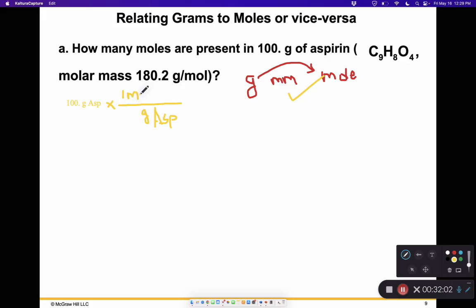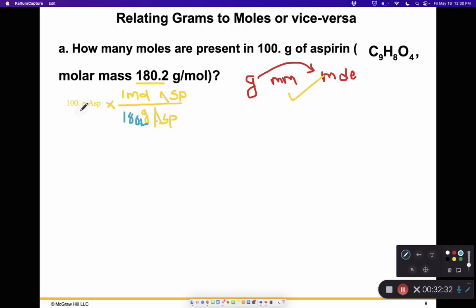1 mole of aspirin, if you keep it in the balance, it will weigh its molar mass, and the molar mass is given here as 180.2, right? It means 1 mole of aspirin has that many grams of aspirin in it.